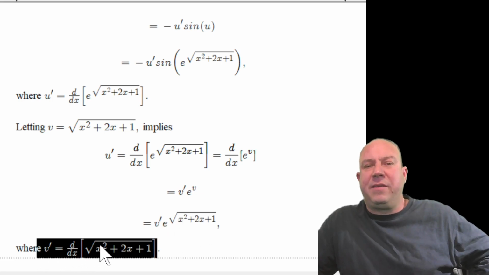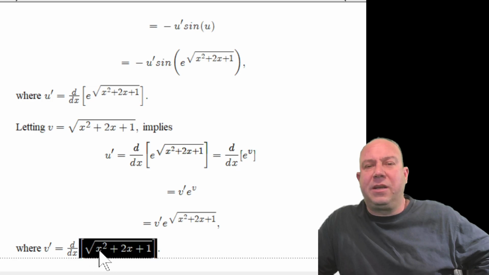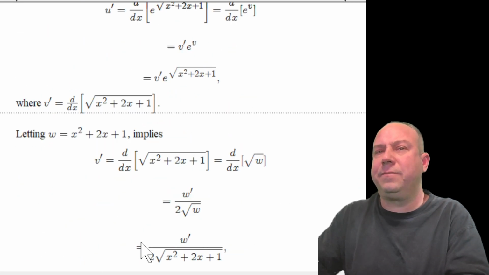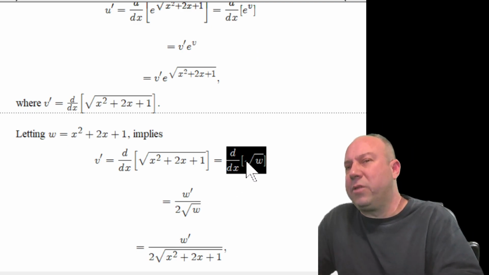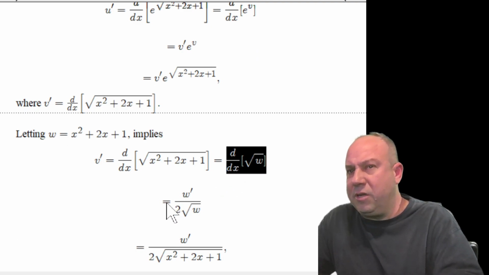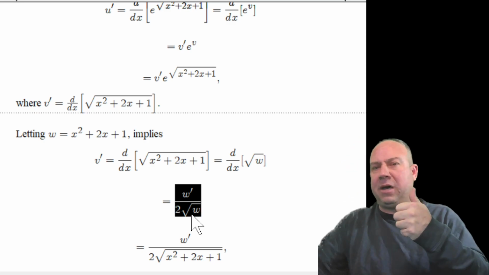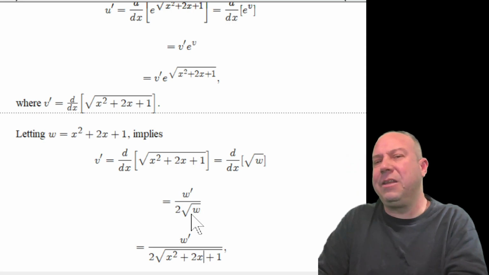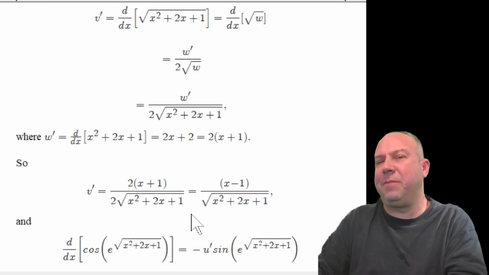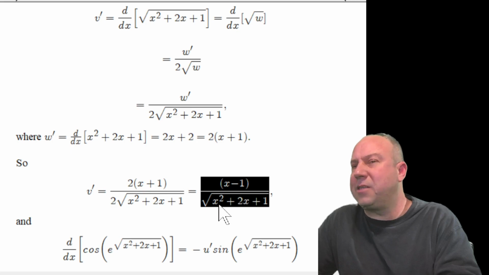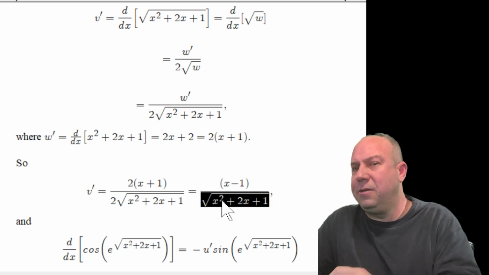When we think about v prime being this derivative, we can declare a w to be the quadratic, and we're left with the derivative with respect to x for the square root of w, which becomes w prime over 2 square root of w from the results above, where we can then return that back to the statement for v prime, that is x plus 1 over this radical.